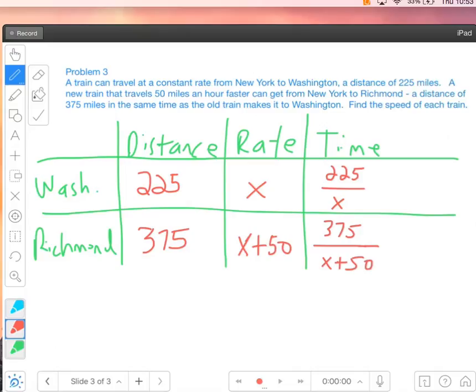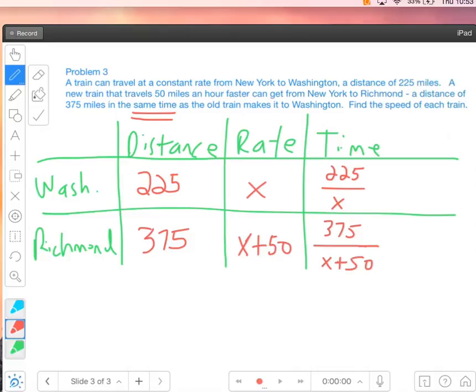So now with this table set up, we can use it to help ultimately come up with an equation. In the original question, we are told that two different trains, at their respective rates and distances, have the same time.